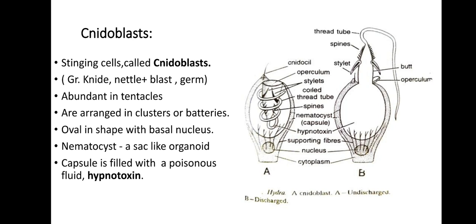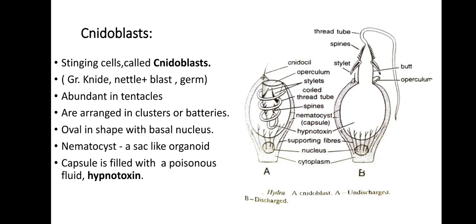These cnidoblasts are also called stinging cells because they can sting their prey or the predators. So that's why it is called a stinging cell, and these are abundant, a large number, in their tentacles. So tentacles are again a feature of Cnidaria.